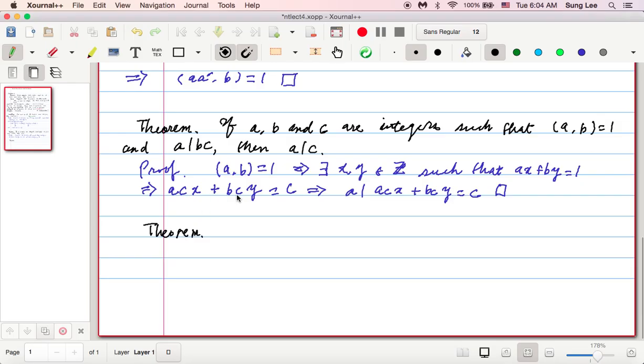Okay, so the statement is what? If P is a prime number, or in short, you can just call it a prime, and P divides A times B, then P divides A or P divides B. Okay, so here's a proof.